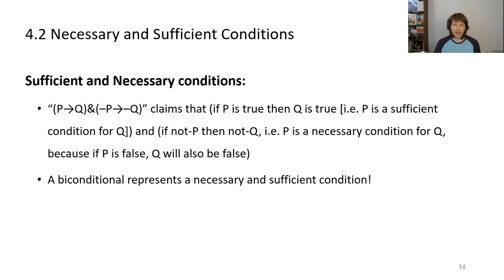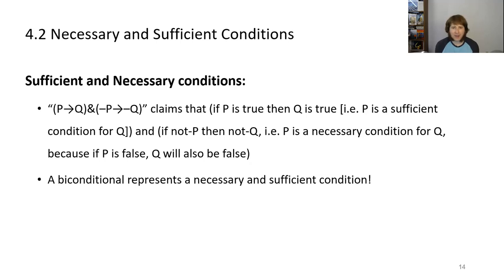If P then Q is telling us that P is a sufficient condition for Q. If not P then not Q is telling us that P is a necessary condition for Q. So that statement, if P then Q and if not P then not Q, is really telling us that P is both a sufficient and necessary condition for Q.